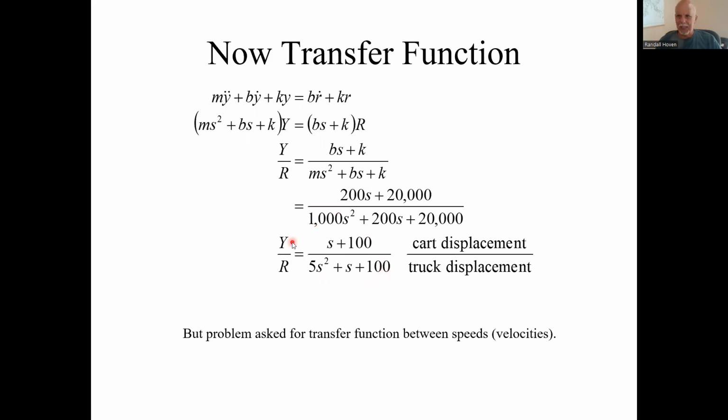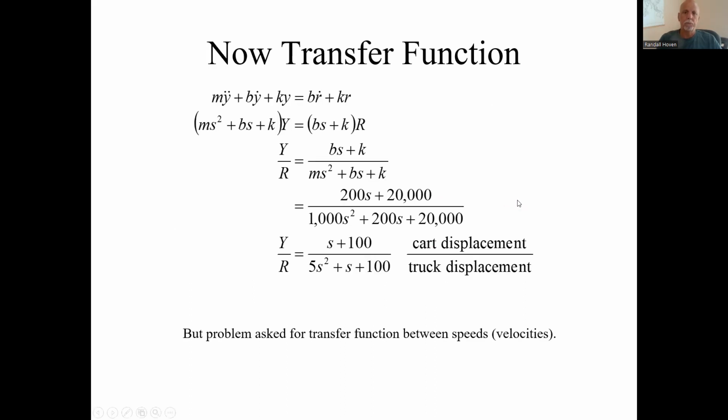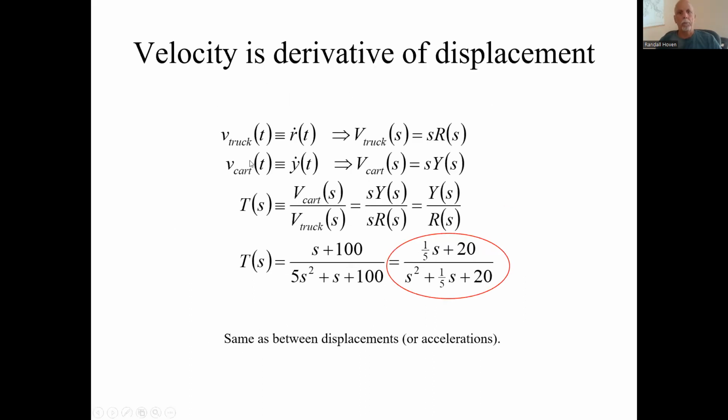But these are displacements: the cart displacement, the output, over the truck displacement, the input. We were asked for the transfer function between their velocities. Well, velocity is just the derivative of displacement.